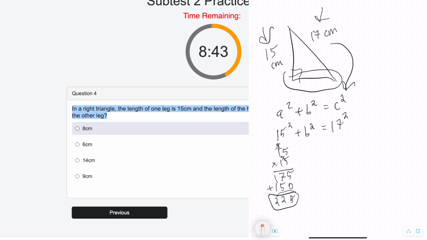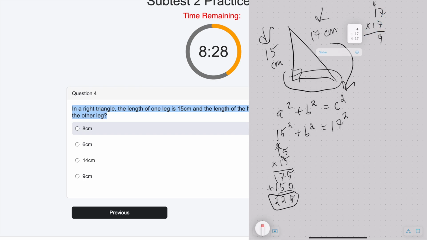Let's figure that out for 17 squared, and I'll do this up here. So 17 times 17, 7 times 7 is 49. 7 times 1 is 7. Sorry about this pop-up. I'm left-handed, and so my hand always touches the screen. All right, 7 times 1 is 7, plus 4 is 11.